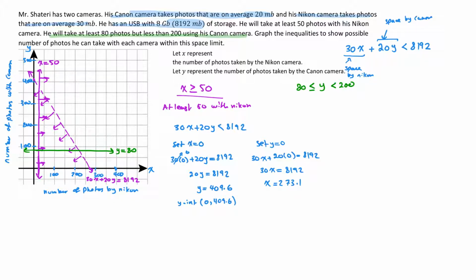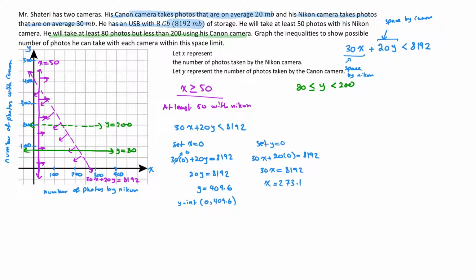And I have y is less than 200, but it's just less than and it's not equal to. So I have to use a dashed line on this side. So if y is less than 200, then I will need to use dashed lines. And this is y is equal to 200.